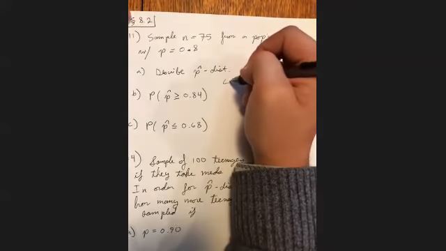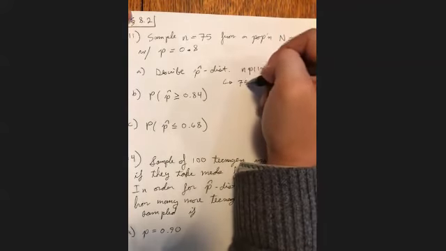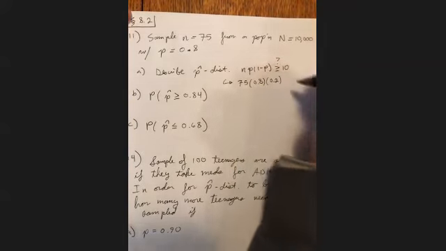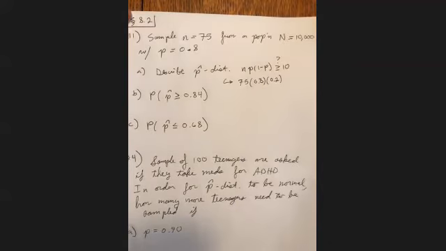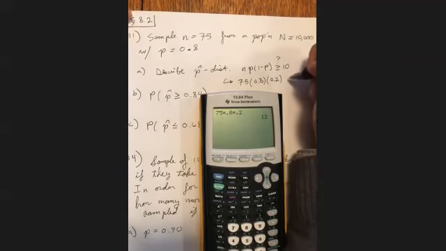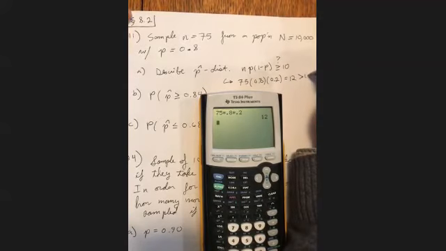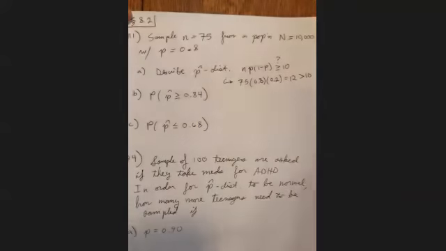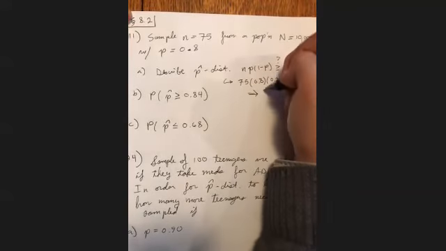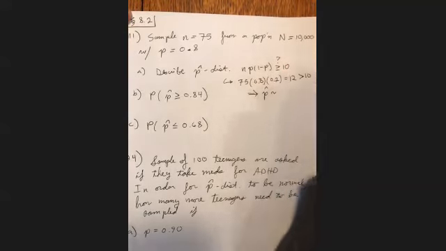So for us, this is going to be 75 times 0.8 times 0.2. So we punch that into the calculator, and that gives us 12, which is definitely greater than 10. So that implies that p hat is normally distributed.